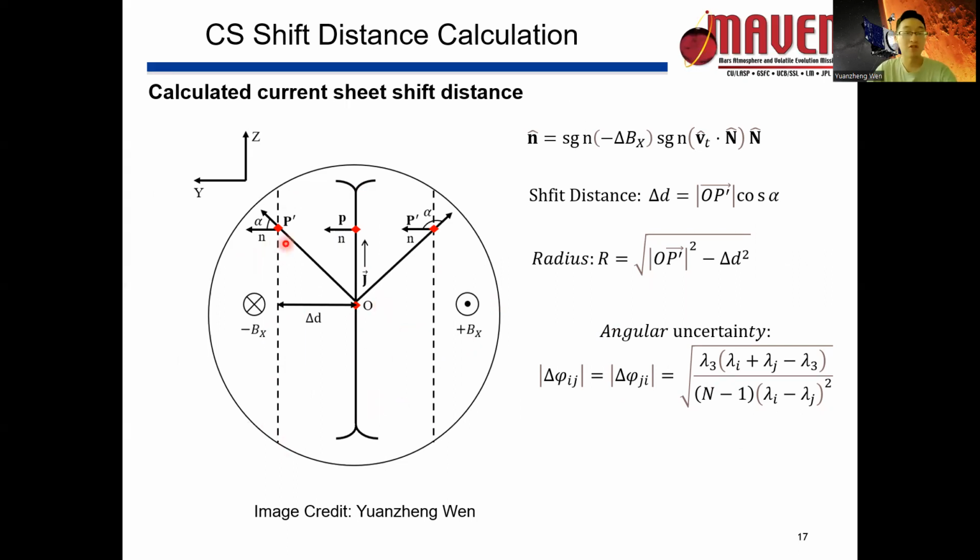N is the normal direction of the current sheet derived from the MVA method. We can get the deviation angle alpha and the shifted distance delta d with this equation, along with the angular uncertainty. Here we define the displacement to be positive if the current sheet is moving towards the minus Bx side, and negative while it's moving towards the positive Bx side.